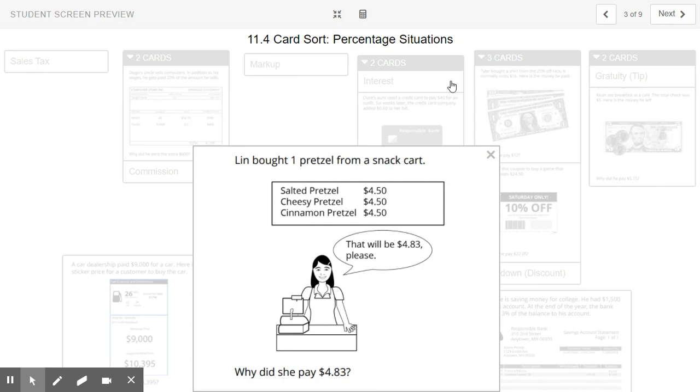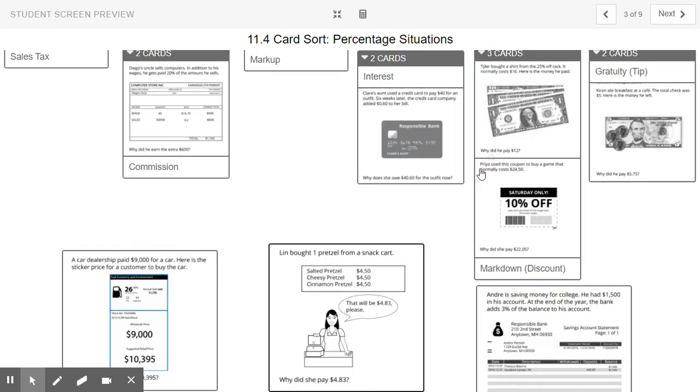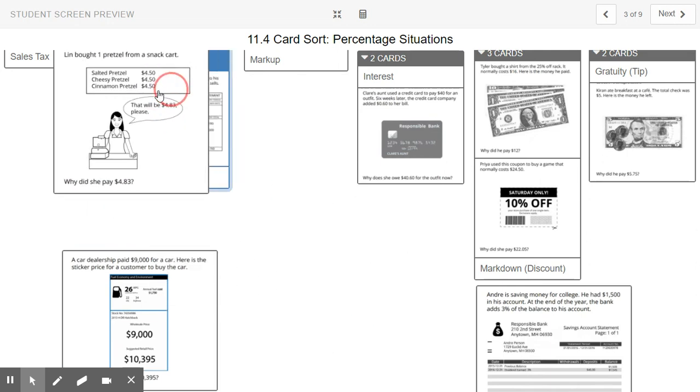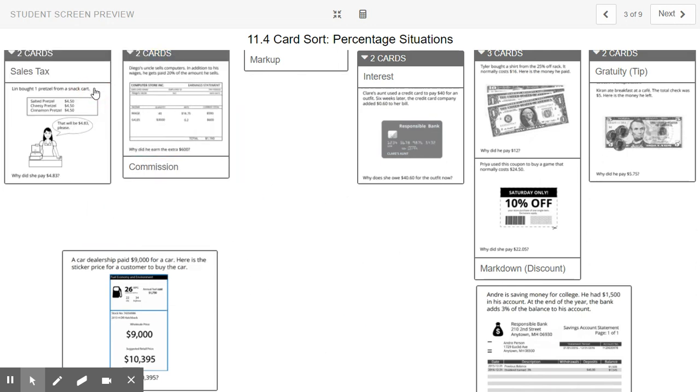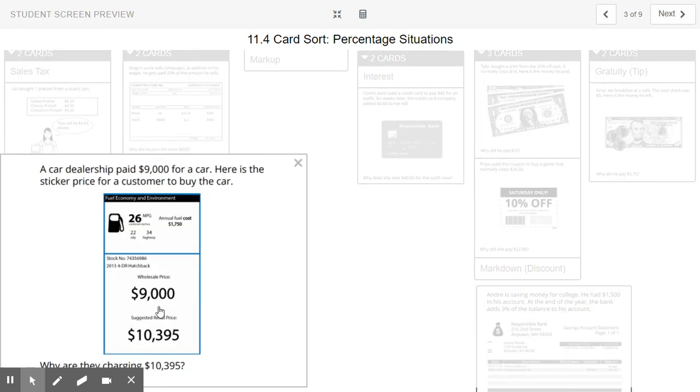The reason I know that is because, first of all, typically, if you just go up to a counter to buy a pretzel, you wouldn't necessarily leave a tip. However, you do have to pay sales tax. So this is an example of sales tax. It's 33 cents, right? That had to be paid on the amount. So sales tax is that amount getting added. All right. And finally, oh, nope, we have 2 more.